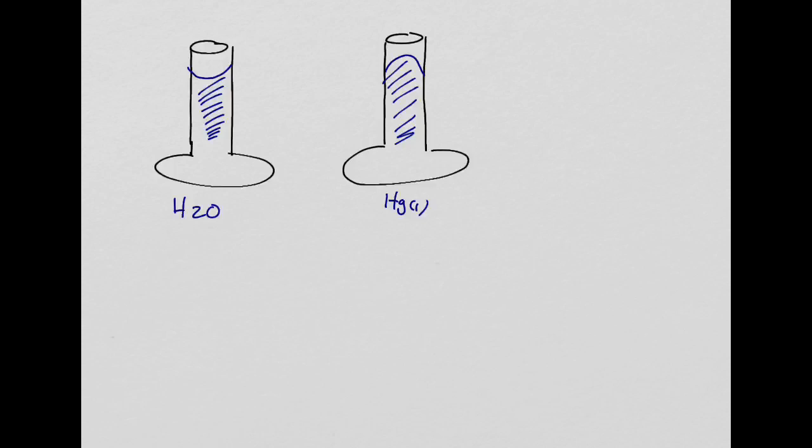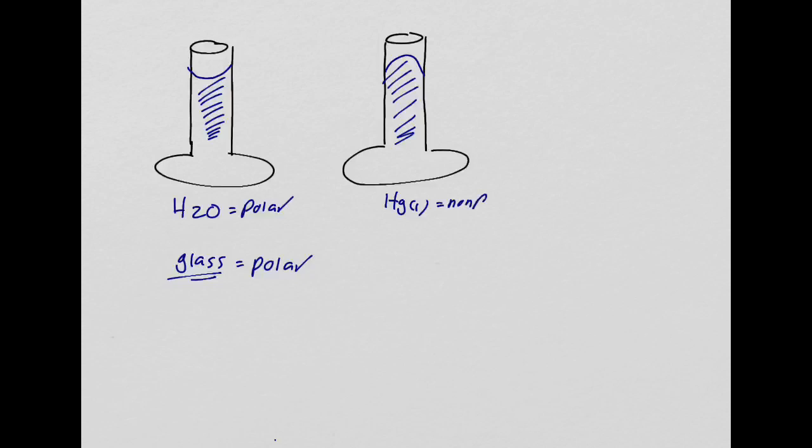Here's why: your graduated cylinder is glass, and glass is polar. Water is also polar. They like each other. So water is trying to interact with the glass surface, and that's why you get a little meniscus.